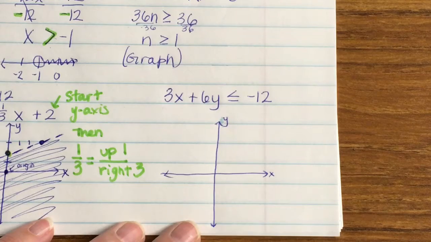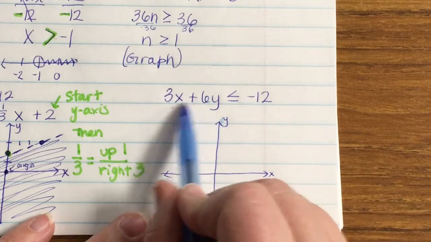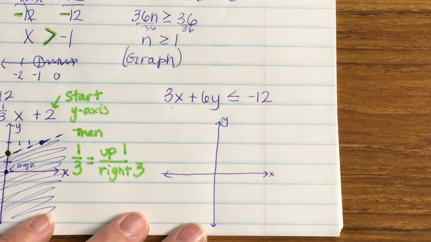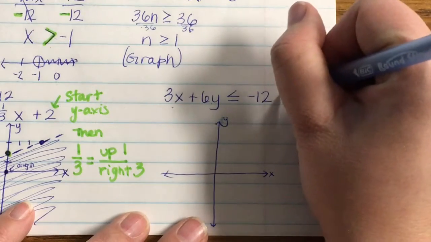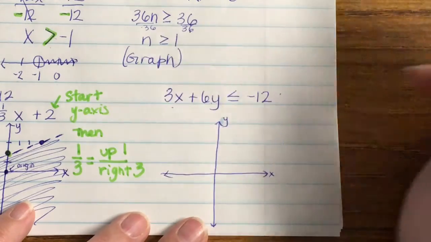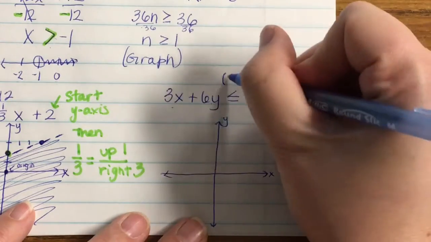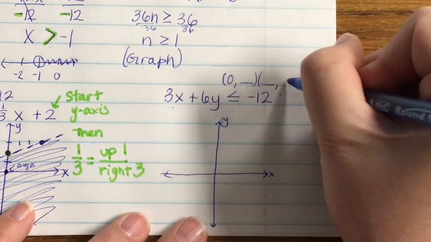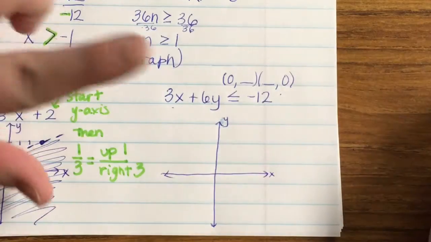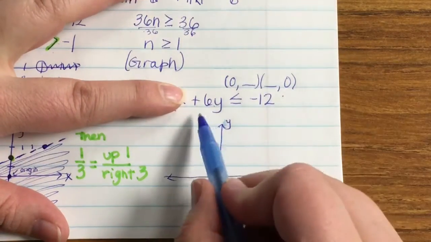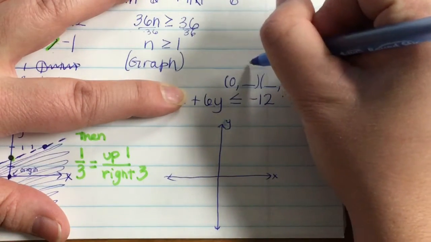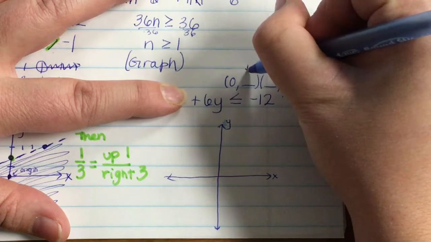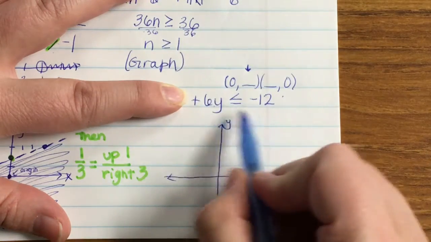My favorite way to graph these, when the x and y are on the same side, is the intercepts way, which is 0 comma something, something comma 0. Cover up the x. If I cover up the x, then what am I going to do to find the y?